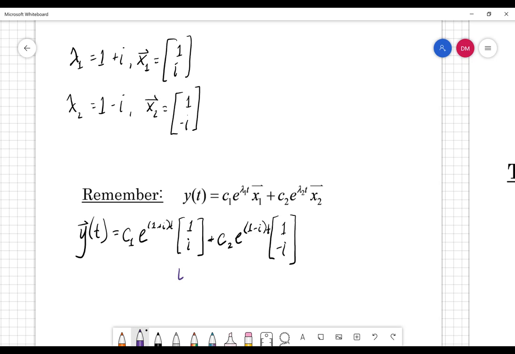So if you remember what Euler's formula says, it's that if I have e to the (a plus bi) times t, we basically separate that out as e to the at, the real part, and e to the b times i t, the imaginary part.